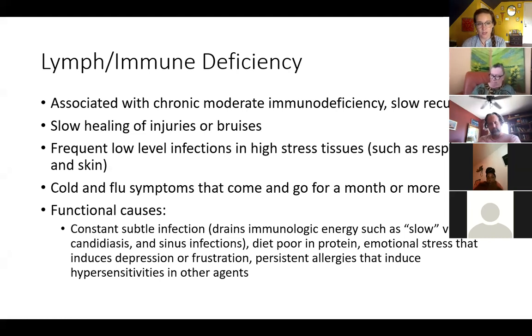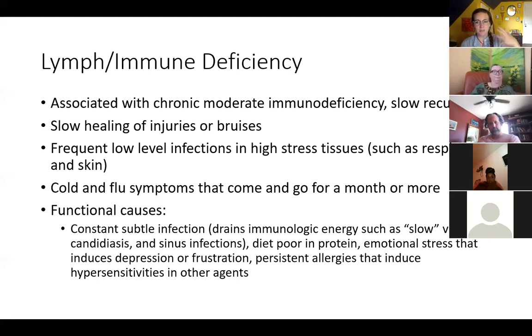Other causes are a diet poor in protein, emotional stress that induces depression or frustration, and persistent allergies that induce hypersensitivities to other agents. Emotional stress that induces depression or frustration is when you're always on the verge of a breakdown because you're not processing it, it's just always there.